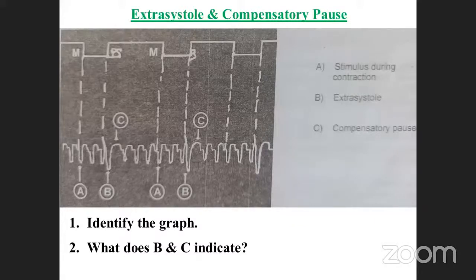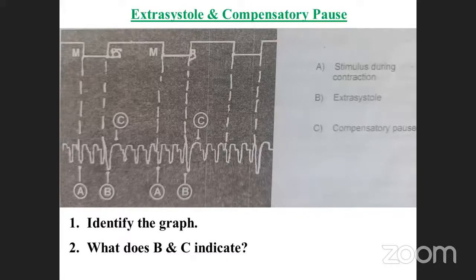So no extrasystole, because a stimulus during the contraction is ineffective. No extrasystole will be there. And in case of B, the stimulus falls at the end of or in the early part of the relaxation phase. So there is an extrasystole noted here, and C is the compensatory pause.